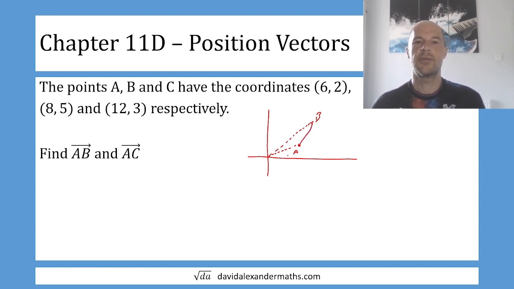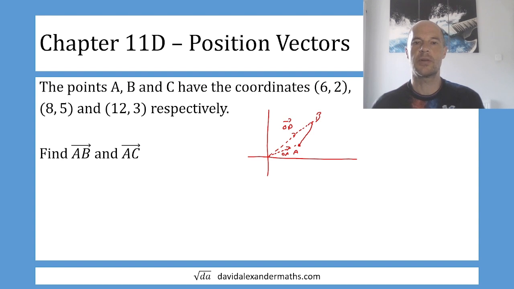Now, A is the vector OA, and OA is going to be 6i plus 2j. And this is the vector OB. To go from O to B, you're going 8 along and 5 up. So how do I go from A to B?